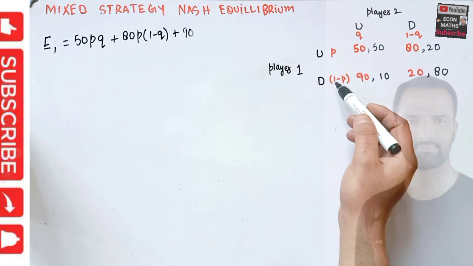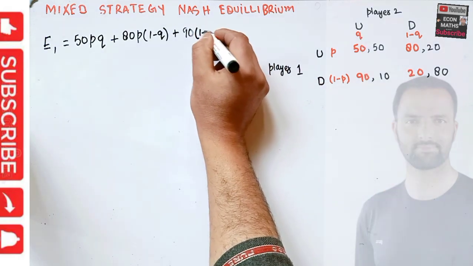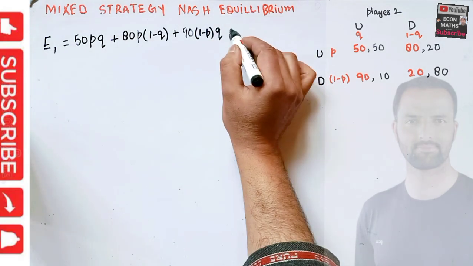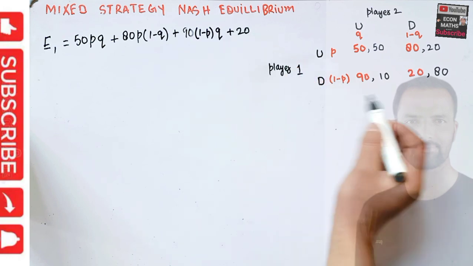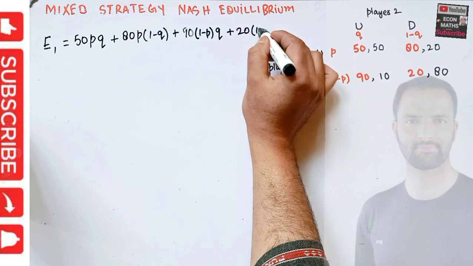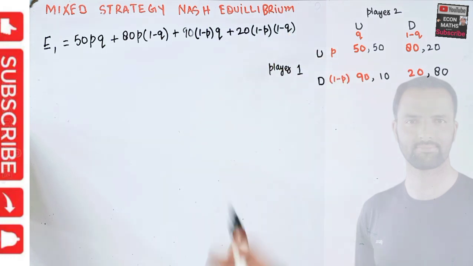So 90 into 1 minus p into q. Plus we have 20, 20 into 1 minus p into 1 minus q. This will be the expected payoff for player 1.